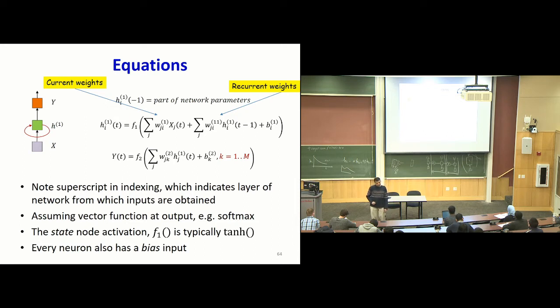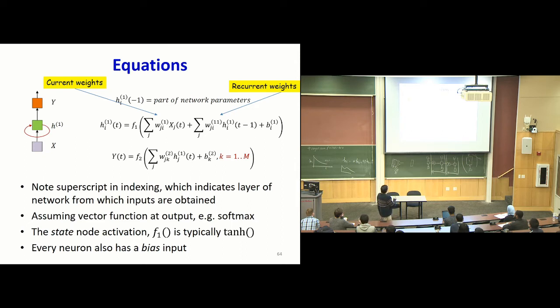recurrent connections, right? So what would the computation look like? The first hidden value is going to operate on an affine combination of the inputs and the same hidden value of the previous time.